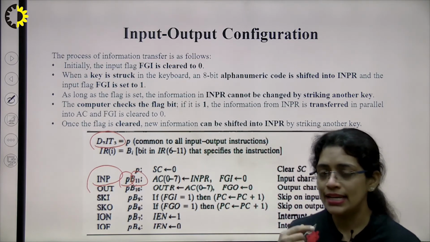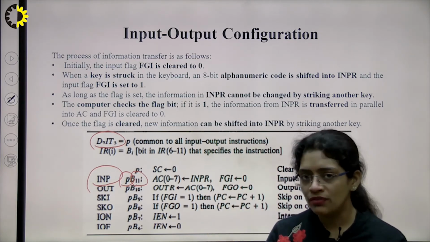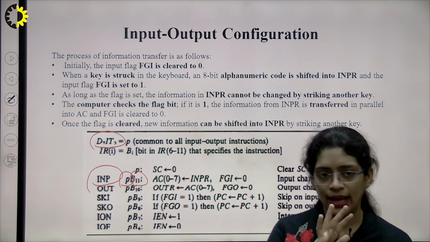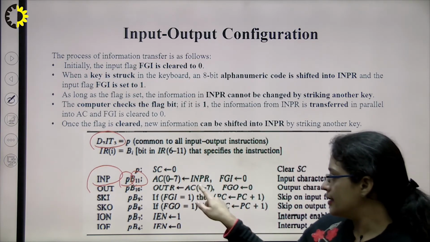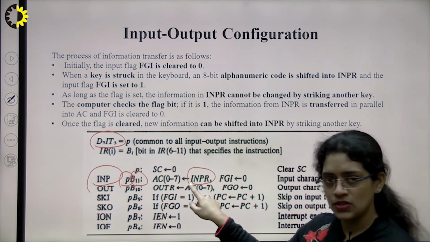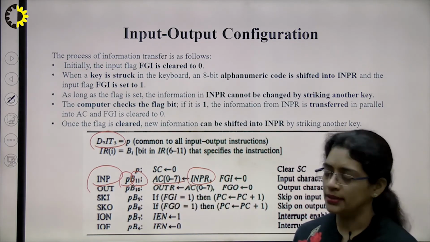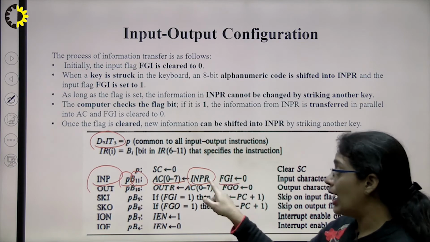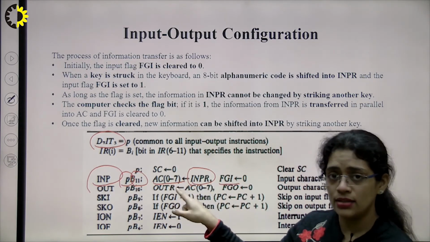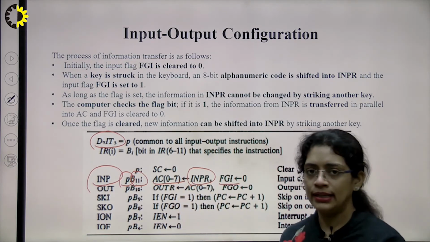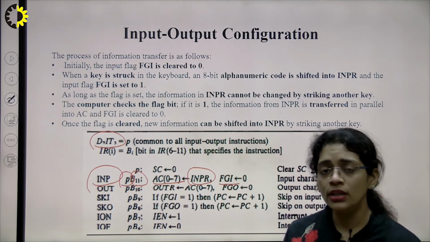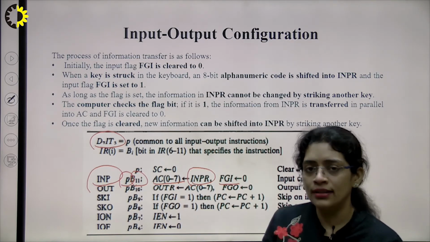So we will be taking the input character from the input device and we will be storing it to accumulator. So just see here, the content of the input register would be transferred to the accumulator 0 to 7th bit.